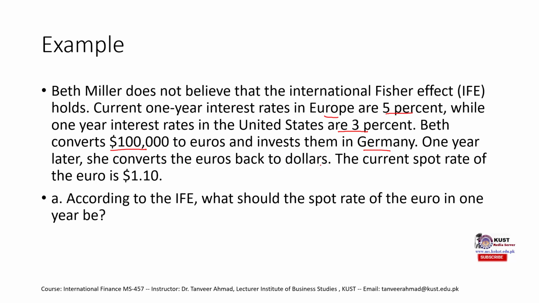The current spot rate is 1.1. So what we need to do is we have 1 lakh dollars. We need to convert these dollars into euros, and we know that 1 euro is equal to $1.10. So we would get some euros, whatever amount we have.